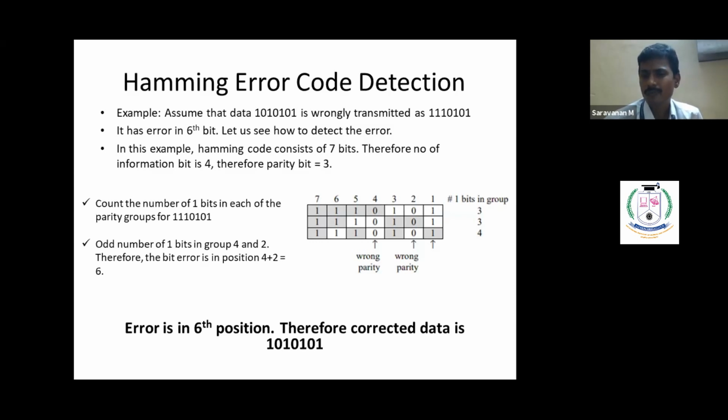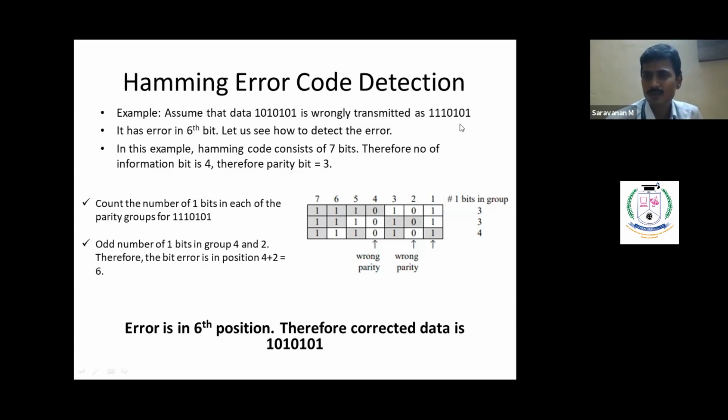For wrong parity you put 1, and for right parity you put 0, so we get 1, 1, 0. That 110 converts to decimal 6, so the error is at the 6th position.